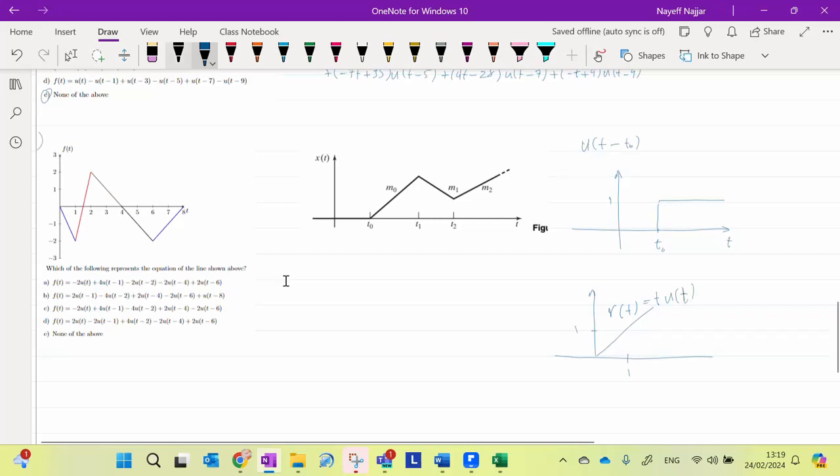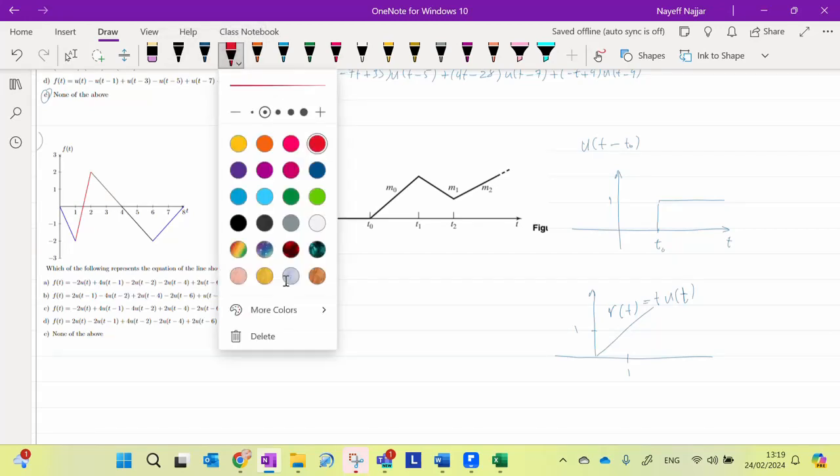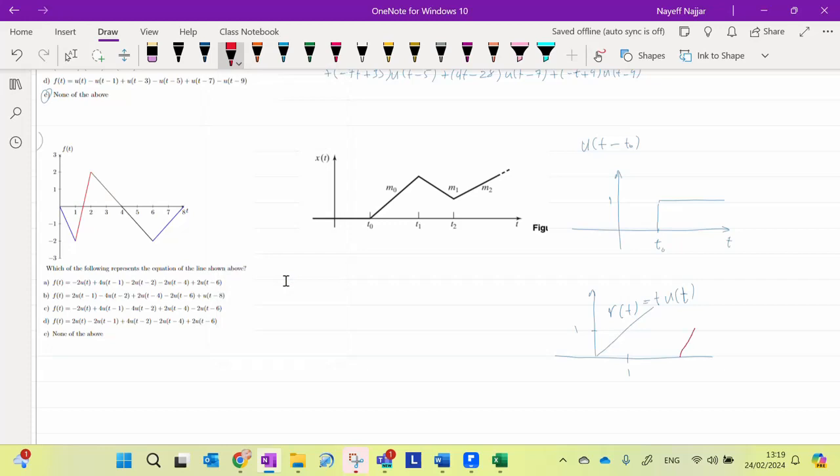If you want the ramp function to have a different slope, let's say that you want to write a ramp that has a different slope, and you want it to start at t0, of course you scale this with some slope. So let's say this is m0 r of t, but it's not r of t, it's r of t minus t0.